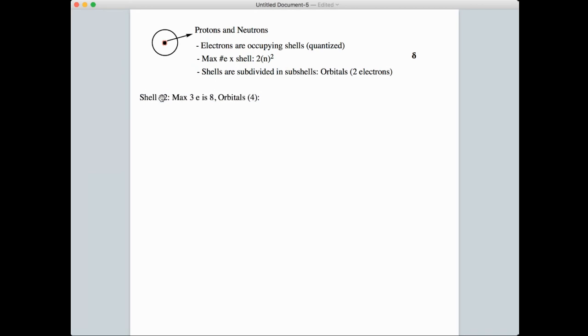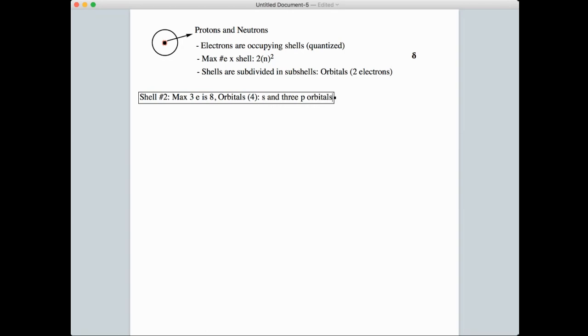So what are the orbitals that we can find in shell number 2? We said 4 orbitals, and those orbitals are what? Guys, remember that. So we can find in shell number 2 4 orbitals. One of these orbitals is an s orbital, and 3 p orbitals, correct?